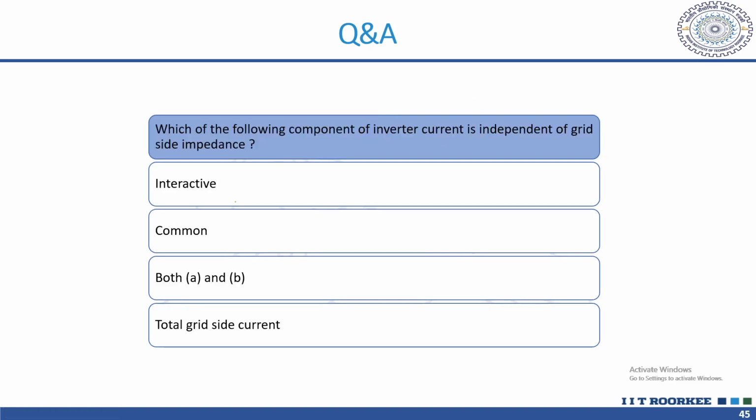So which of the following inverter current is independent of grid side impedance? Interactive, common, both, or total grid side? Okay, we got one.